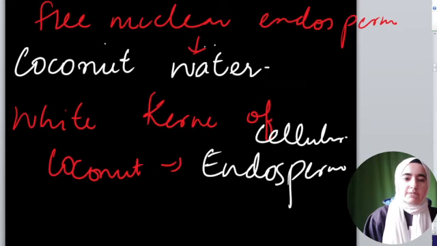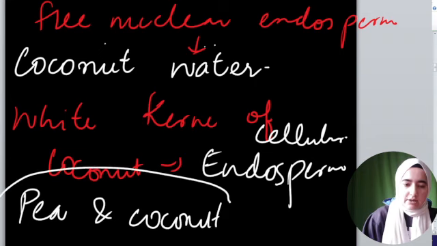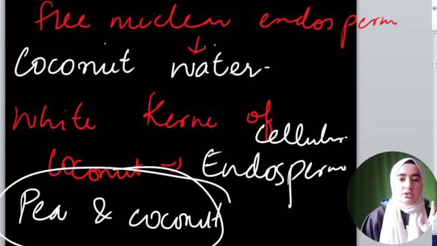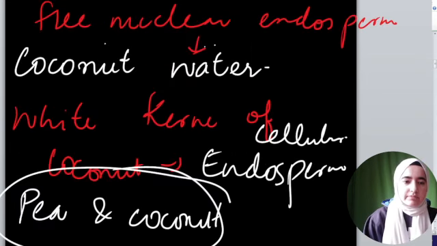The example is pea, in which endosperm is fully consumed. And in some seeds endosperm persists inside the seed.